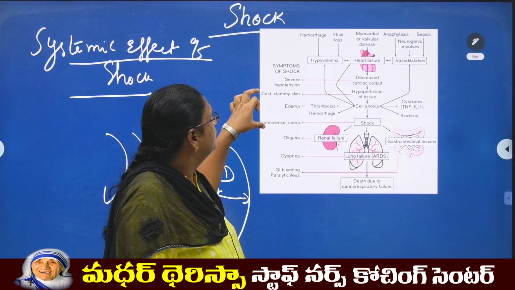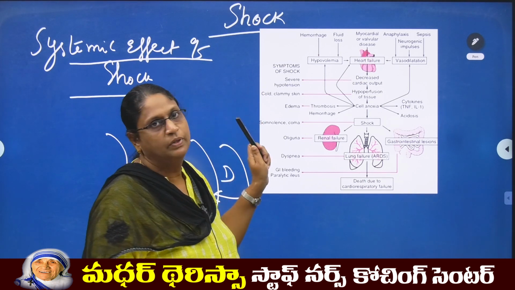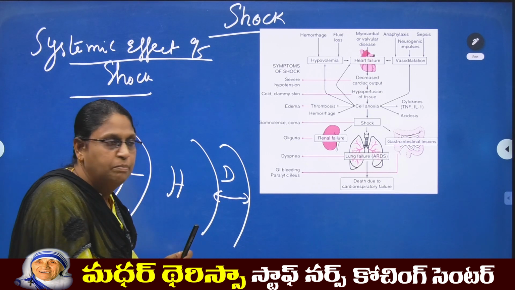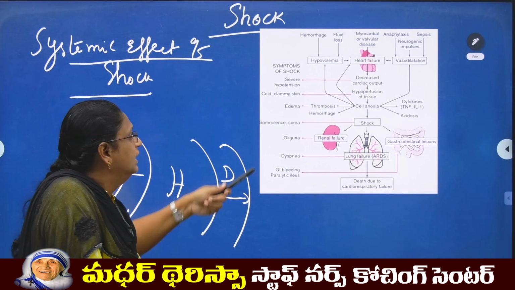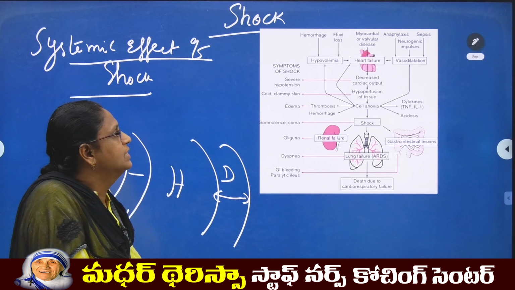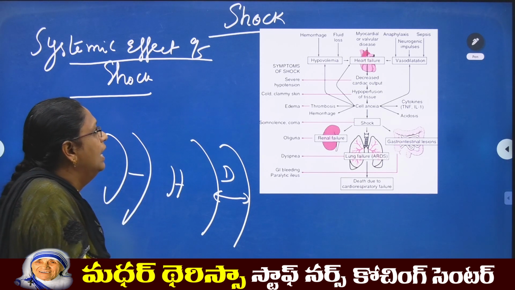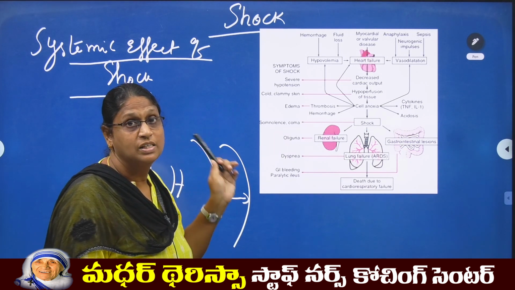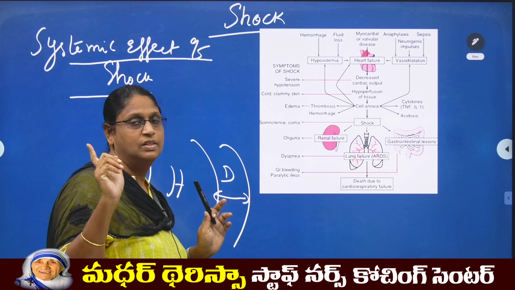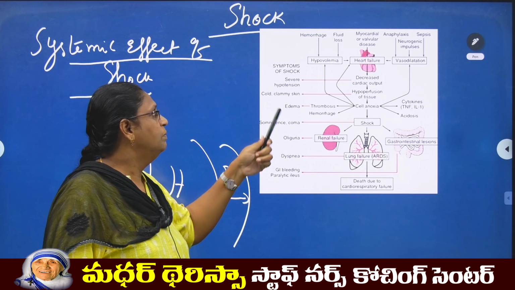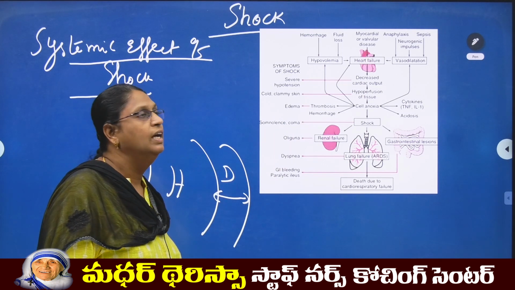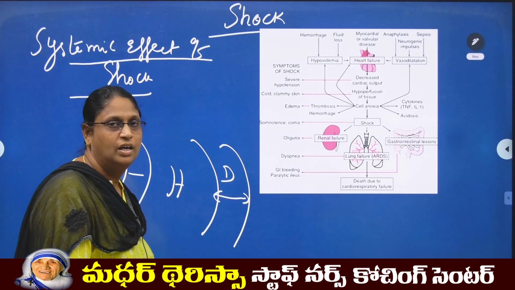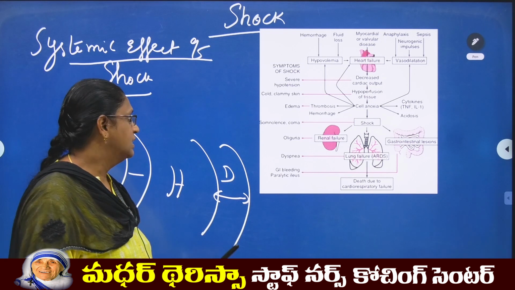Some of the symptoms of shock: severe hypotension, which you can observe when you take the patient's blood pressure. Their body will be cold and clammy because there is less perfusion, and the body will be swollen because of cellular edema, the cellular changes we have discussed. Edema is observed because there is thrombosis and hemorrhage. And somnolence and coma, they are not in a normal conscious state.